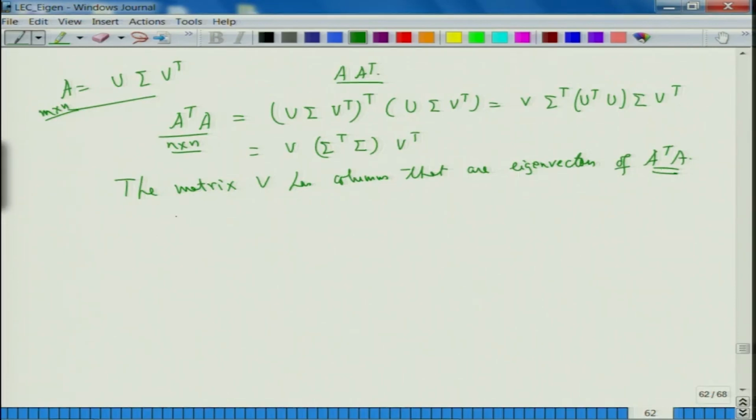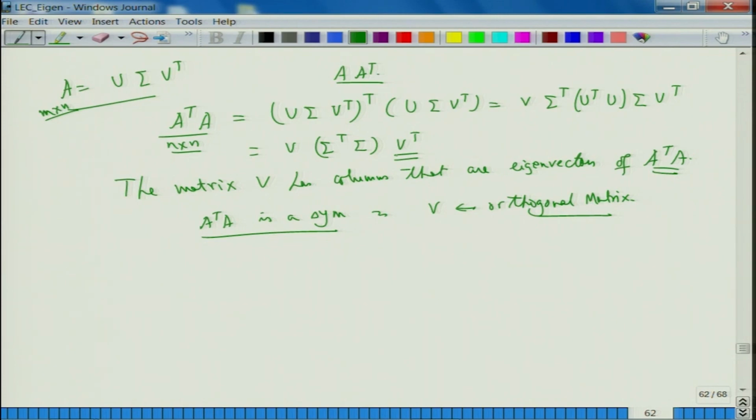Again, note very important that A transpose A is a symmetric matrix or Hermitian matrix, whatever you want to say. So, if A has real entries, A transpose A is a symmetric matrix, and this implies V can be chosen to be an orthogonal matrix, and therefore V transpose makes sense. I do not have to compute the inverse, I just write V transpose because V transpose is the same as V inverse.